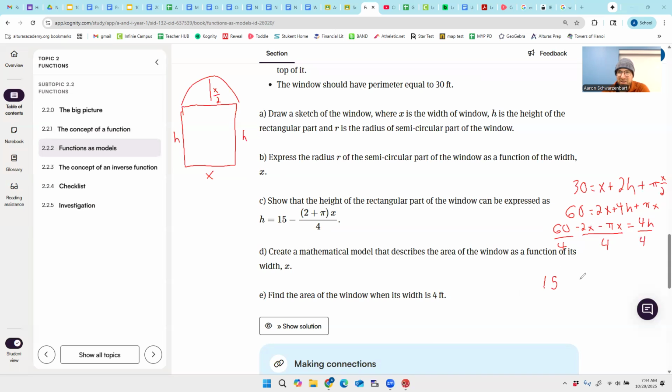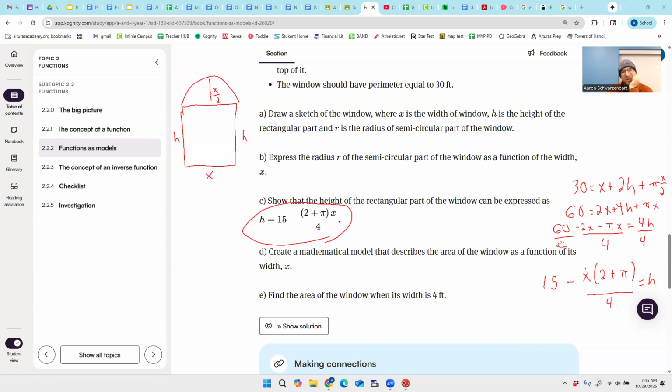I will factor out a negative x, giving me 2 plus pi over 4. And I can see that equals h, and I can see that that is the same as this.